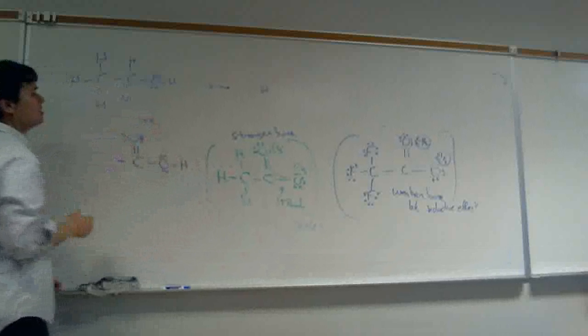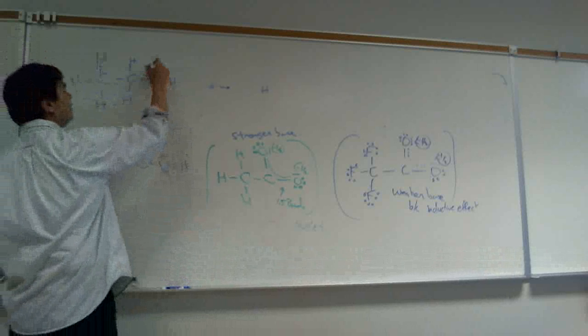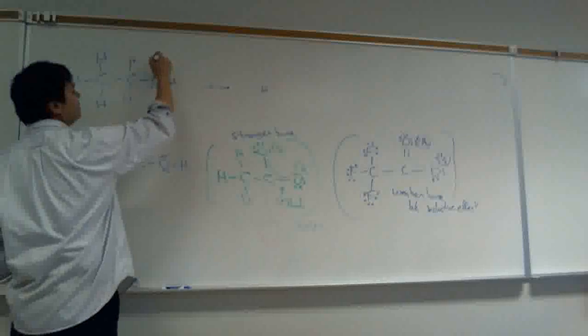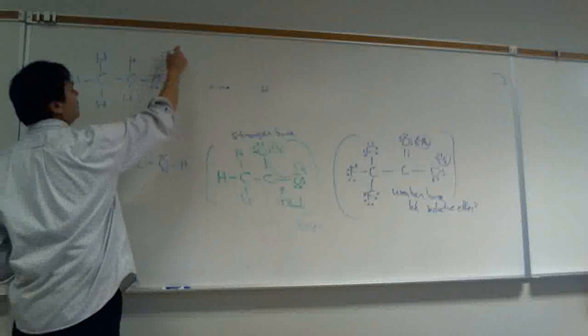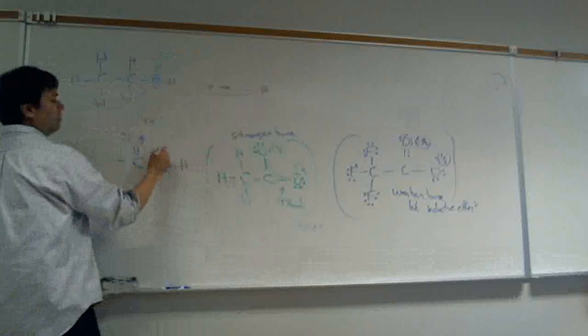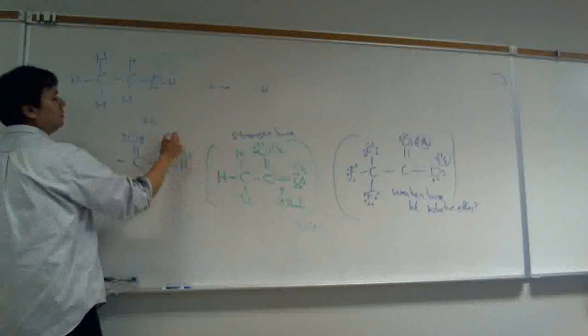Based on polarity, oxygen is 3.5, hydrogen is 2.1. 3.5 versus 2.1. The difference is 1.4.